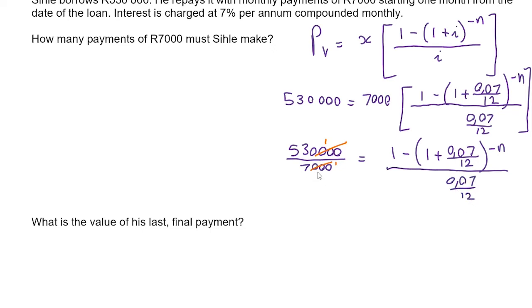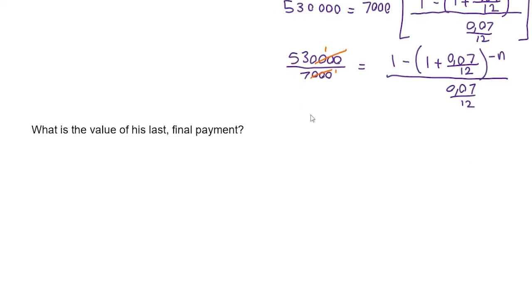What we're going to do next is multiply both sides by 0,07 over 12. So we get 530 over 7 times 0,07 over 12, and that will equal 1 minus 1 plus 0,07 over 12 to the minus n.